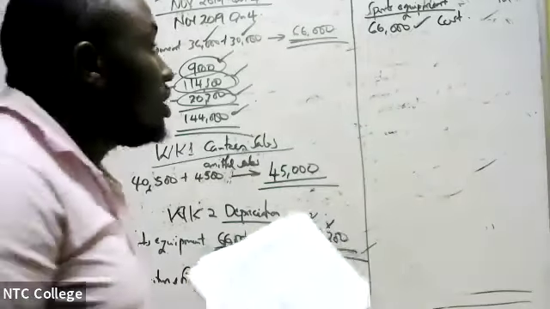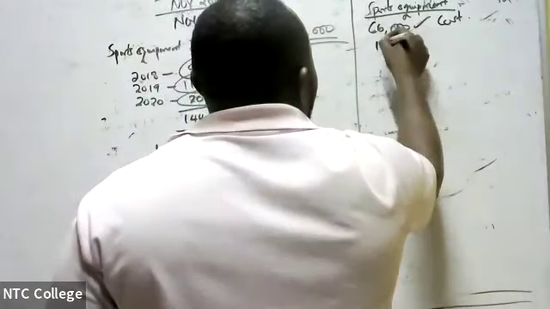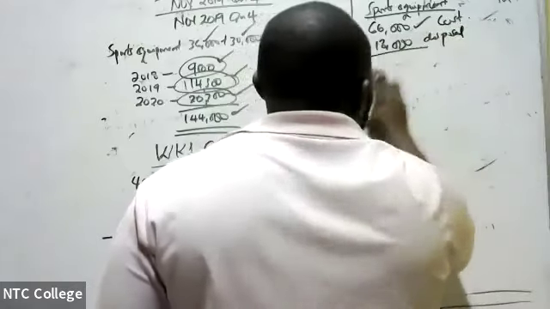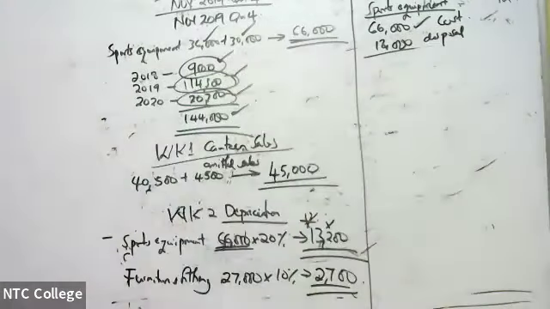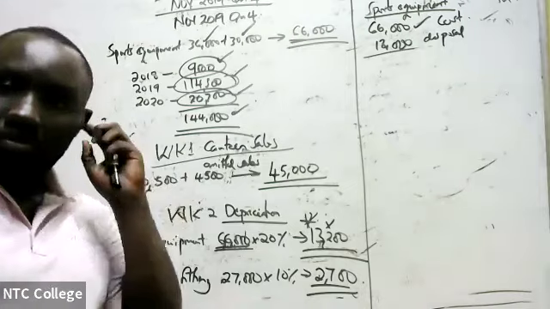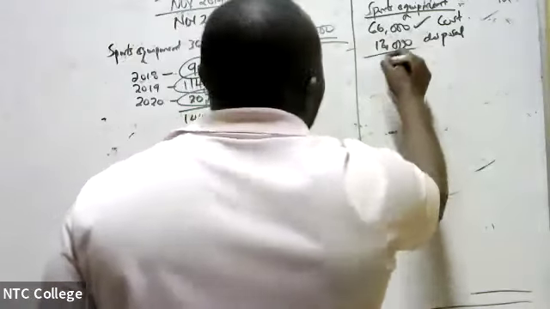We less the disposal at cost. So what is the cost remaining? 48,000.